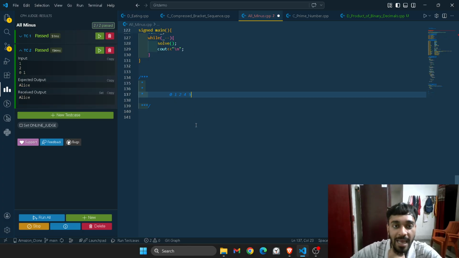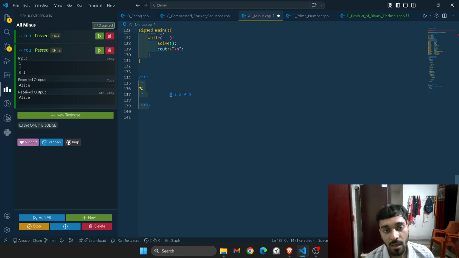So first, Alice will start, and Alice will see that m should be the minimum non-negative integer on this blackboard. So m is equal to 0 here, and if m is equal to 0, we can remove either 1 or any number of zeros we want. As there is only one zero, we have to remove it.